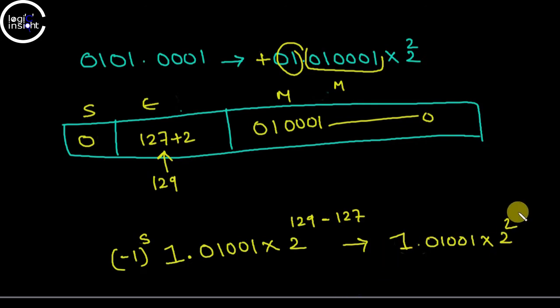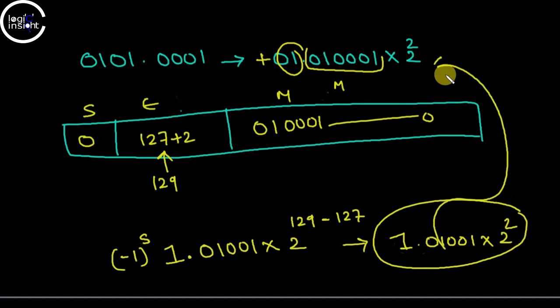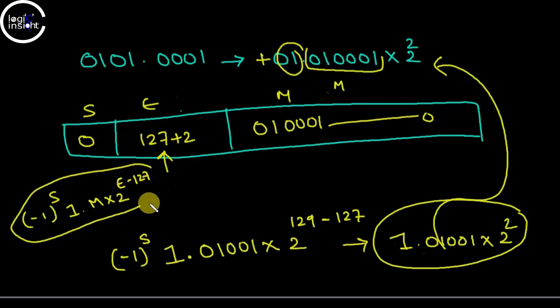If you do the operation, we get the original number again. In generic form you can write minus 1 to the power of s, times 1 point mantissa, times 2 to the power of exponent minus 127. This is how we retrieve the data.